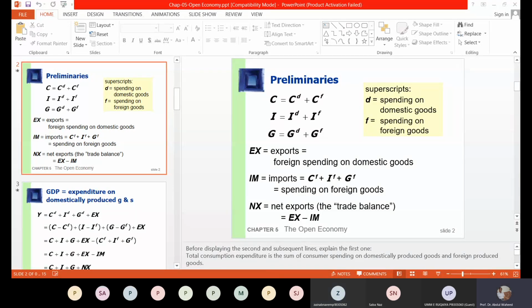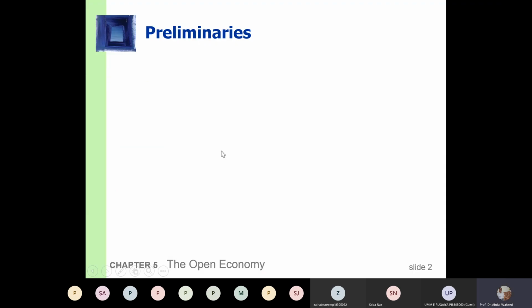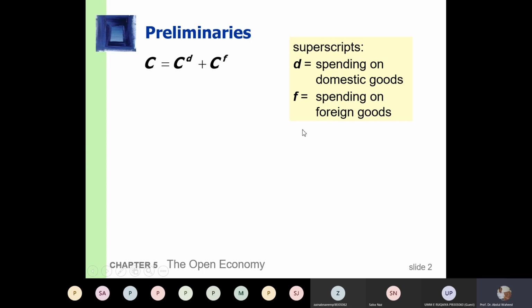So now consumption is the sum of spending on domestic goods and on foreign goods. D is the spending on domestic goods and F is the spending on foreign goods.